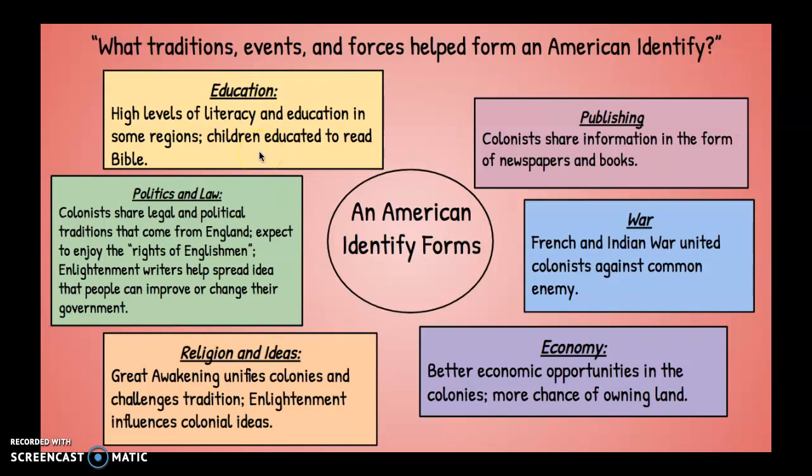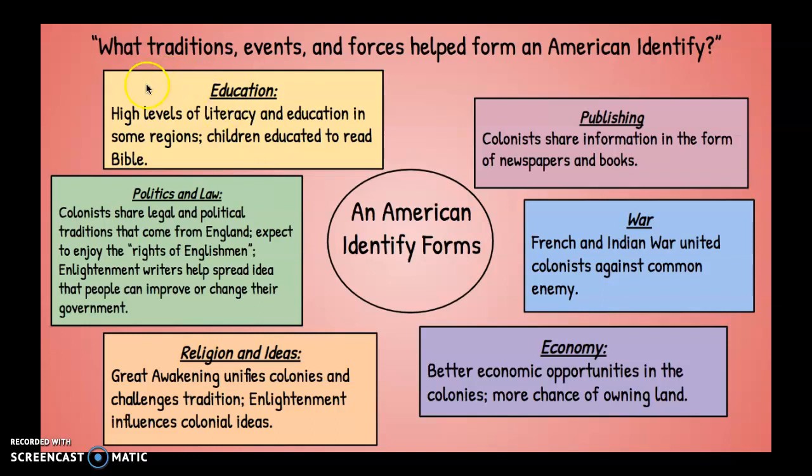It gave our American colonists a way to read information and speak and write information, to share ideas. They weren't just going to have ideas and not share them. They said, I have an idea. I want to share it. I think this is the way we can be our best country or our best unified, independent country.